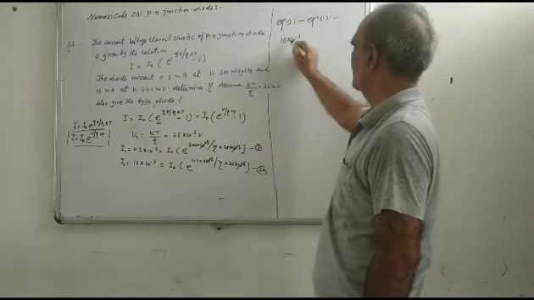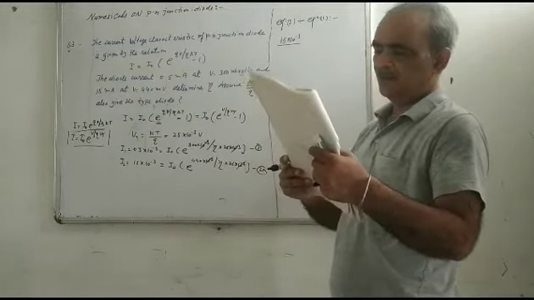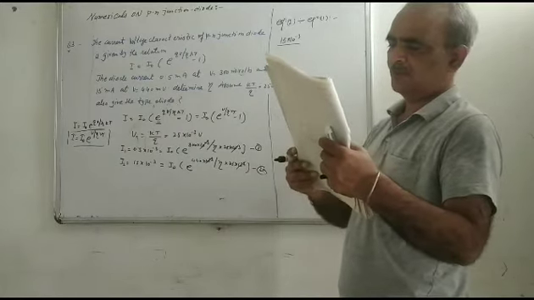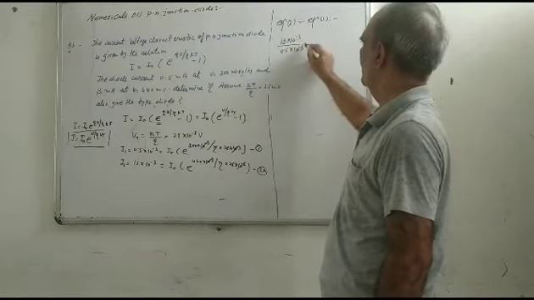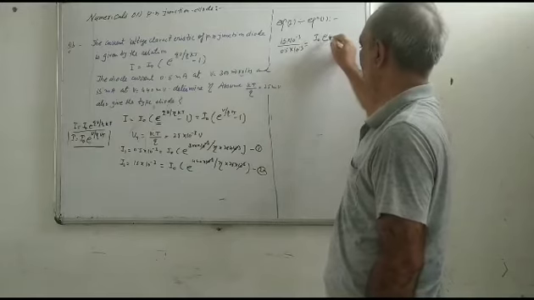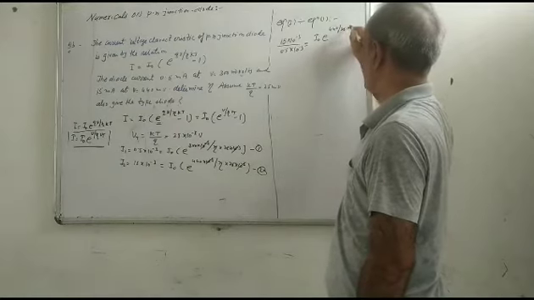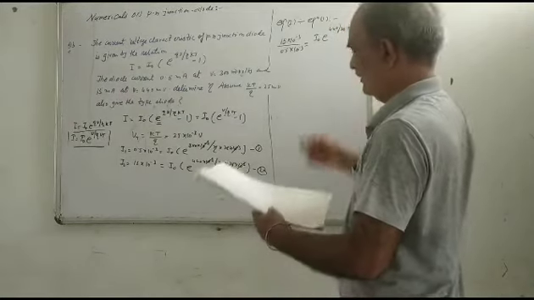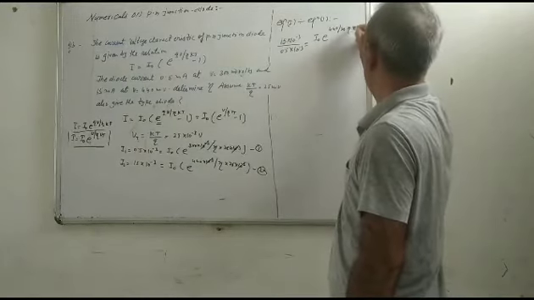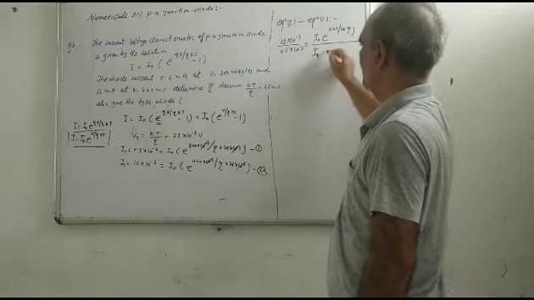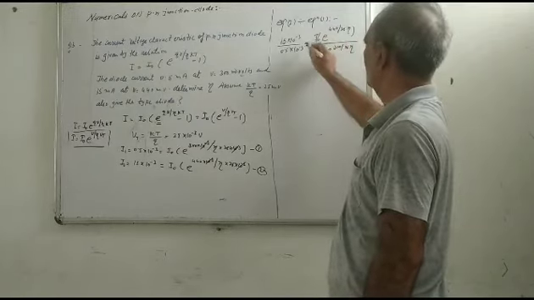15 into 10 to the power minus 3 divided by 0.5 into 10 to the power minus 3 is equal to I0 e to the power 440 upon 25 eta, upon I0 e to the power 300 by 25 eta. I0 cancels out, this also cancels.